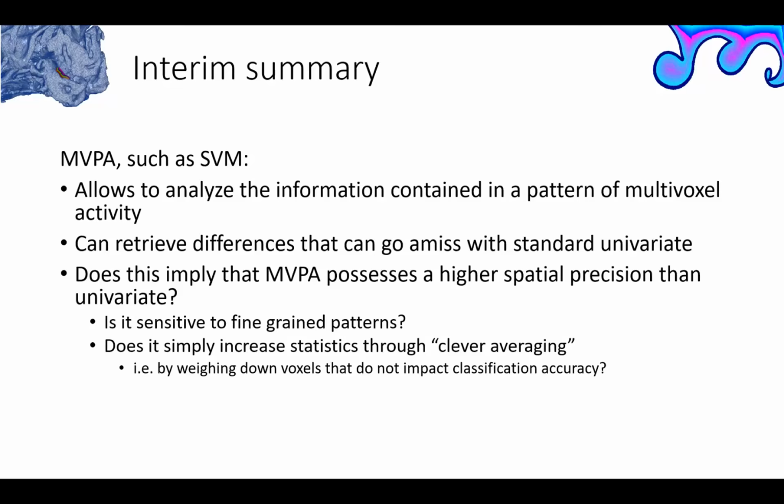And by clever averaging, I mean enhancing the weights of meaningful voxels that carry the information about the dimensions of the stimulus at hand, while weighing down voxels that do not impact classification accuracy.